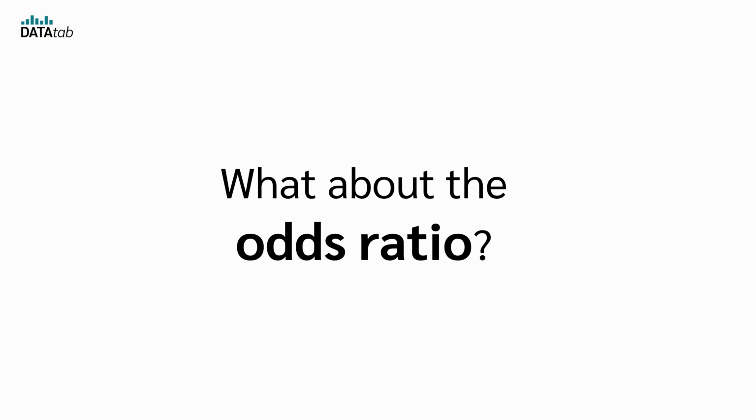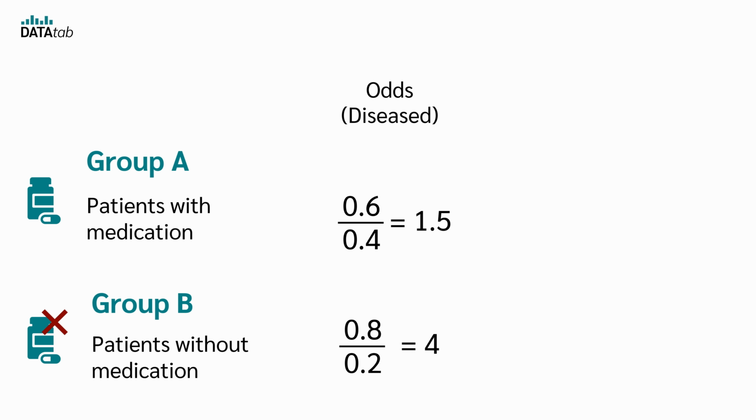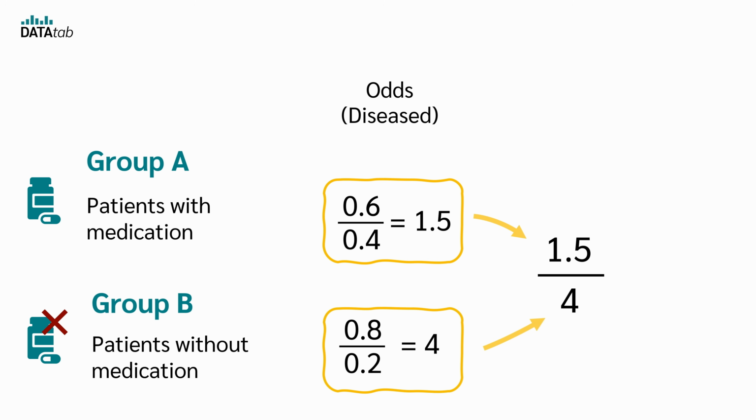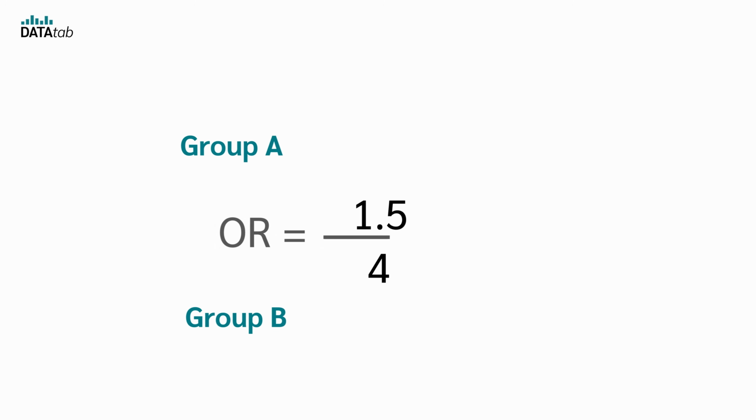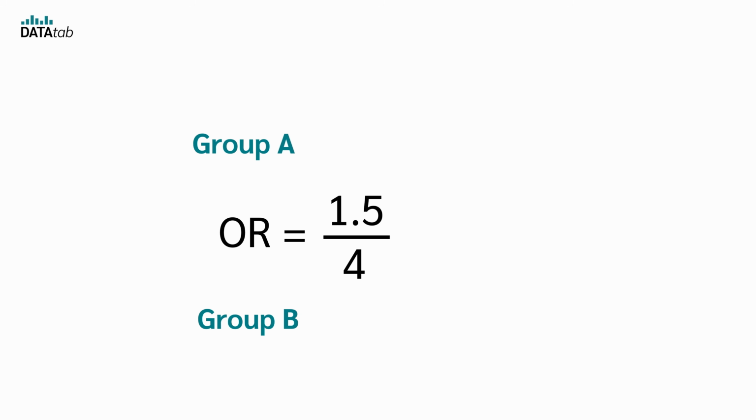What about the odds ratio? With the odds ratio, we can now compare the two groups. To do this, we can compare the odds of getting the disease in group A relative to the odds of getting the disease in group B. So the odds ratio is simply calculated by dividing the odds in group A by the odds in group B. This results in an odds ratio of 0.38.